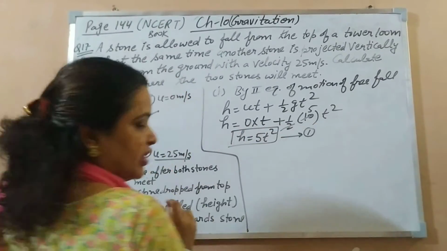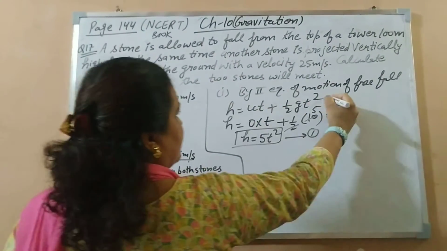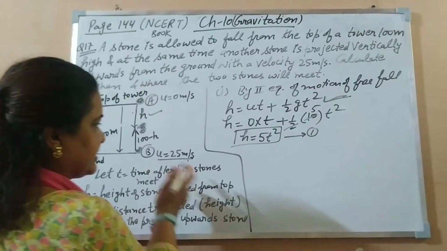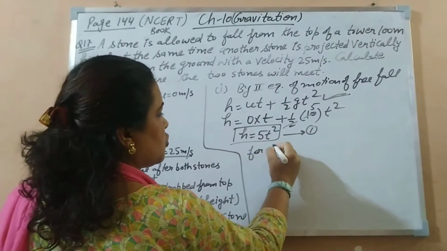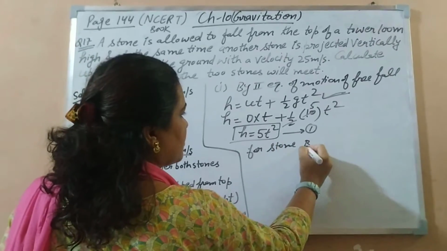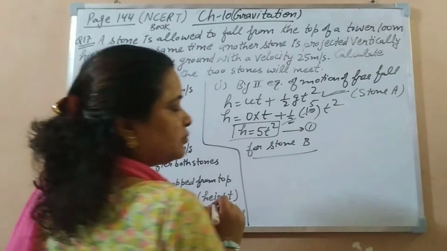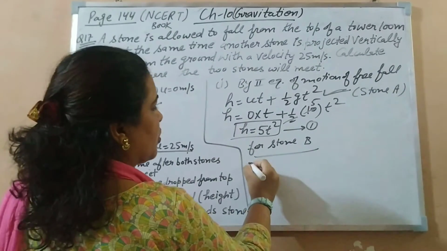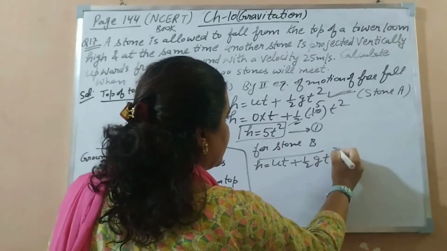Let us call this equation 1. This was for stone A. Now we use the same equation for stone B, which is projected upward: h = ut + (1/2)gt². Put the values.